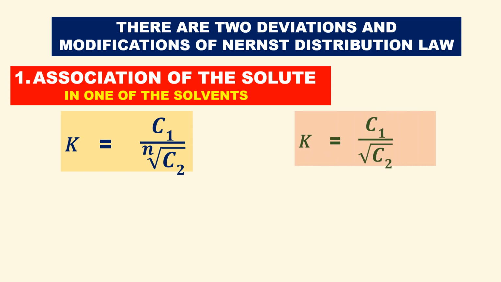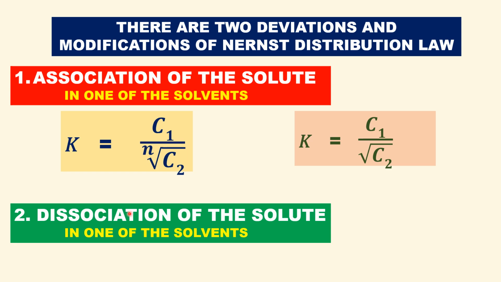For dimer, let us put n equal to 2, therefore C1 by square root of C2. For n equal to 3, for solute undergoing trimer, then C1 by cube root of C2. If it undergoes n, then nth root of C2.